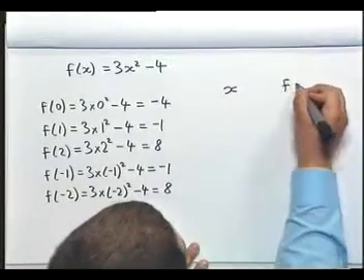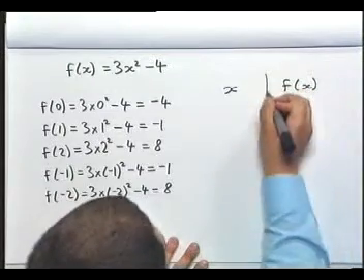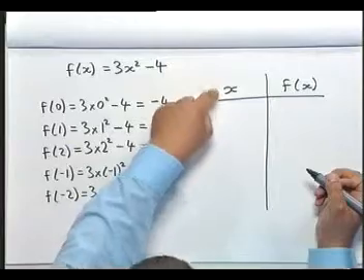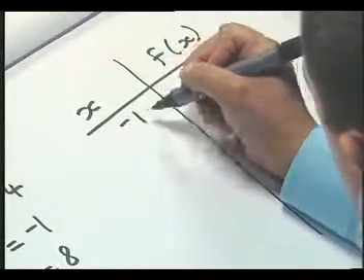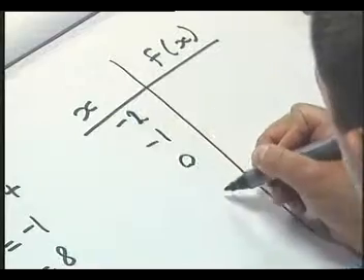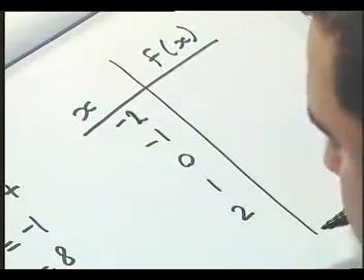So what are we going to do with these results? Well, one thing we can do is put them into a table to help us plot the graph of the function. So if we do a table of x and f of x, the values we've chosen for our x column, which is our argument, are minus 2, minus 1, 0, 1 and 2.